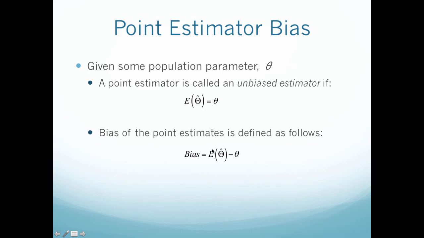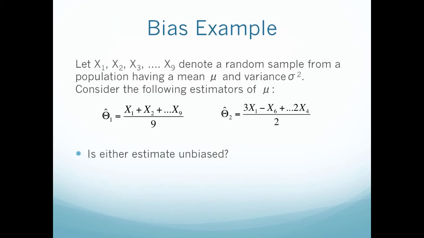If they're different, then we figure out how different they are, or the difference between the two, and that equals my bias. Okay, so note here in this equation that the bias can either be a positive value or a negative value. All it would tell you is that the sample statistic was to the left of the mean or the right of the mean. Okay, let's look at an example with this.